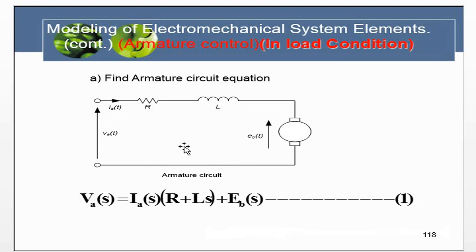Based on this, we apply Kirchhoff's law. After we transform the model into Laplace, we get that Va(s), this voltage, is equal to Ia(s) multiplied by R, plus L s Ia(s), plus Eb(s).